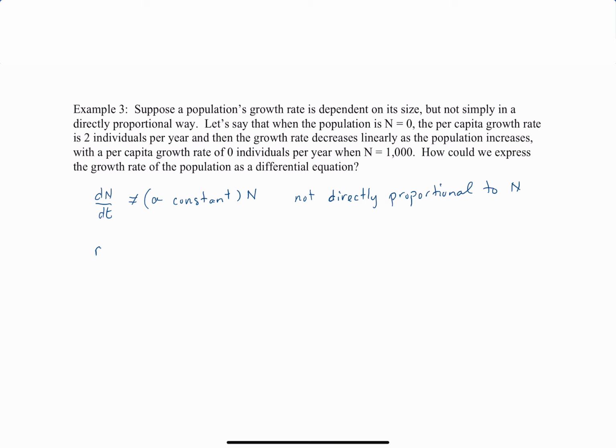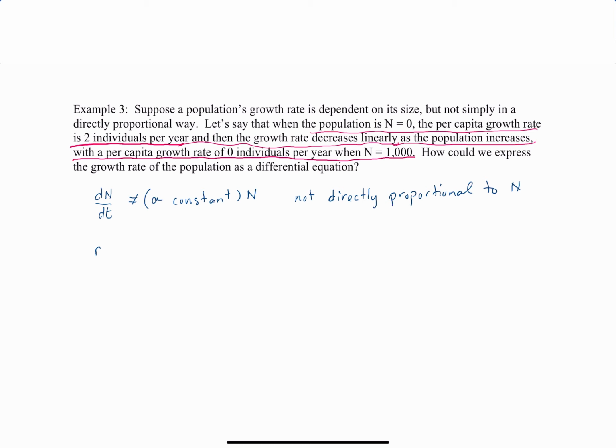So we're told that the per capita growth rate is 2 individuals per year at that population size of N equals 0. And then the growth rate decreases linearly as the population increases, with a per capita growth rate of 0 individuals per year when N equals 1,000.